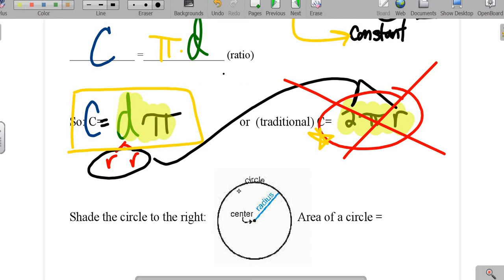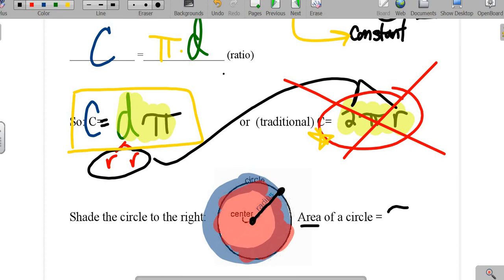I'd like you to simply shade, this is circumference, trace it, and now I'd like you to shade, please, the area. Shade the whole area. To find the area of a circle, the area is simply pi times the radius squared. Notice the parentheses around the r squared.